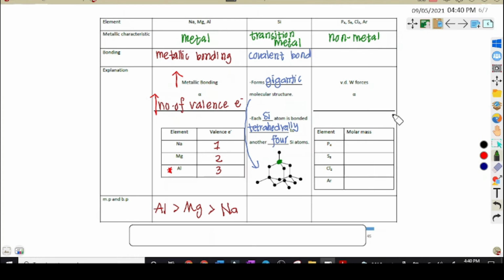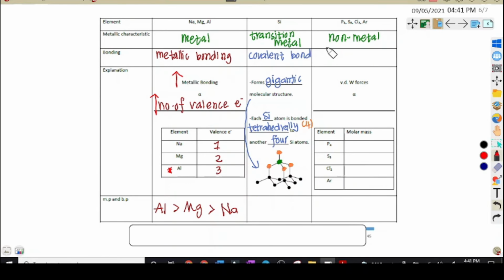It must be bonded tetrahedrally, meaning 4 other silicon atoms: 1, 2, 3, 4. So these orange silicons will bond further with another 4 silicon atoms each. They will expand a lot more to form a gigantic silicon molecular structure.